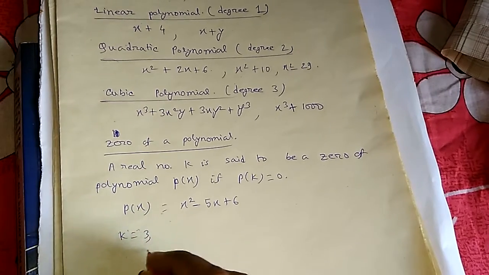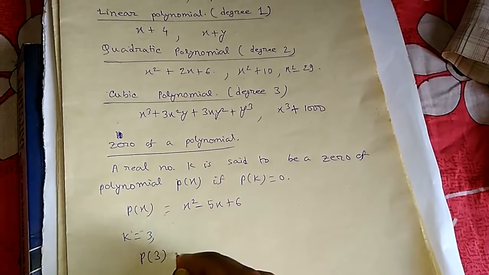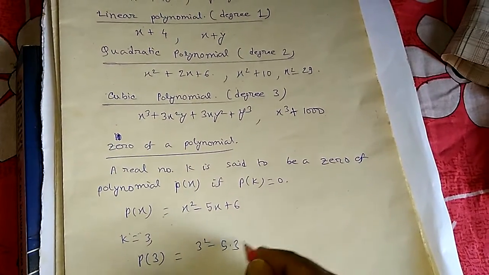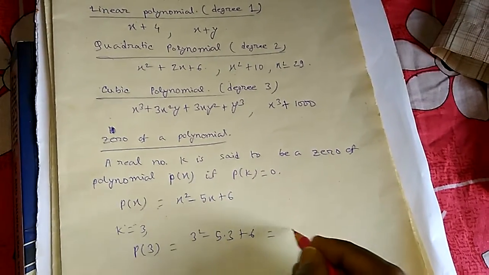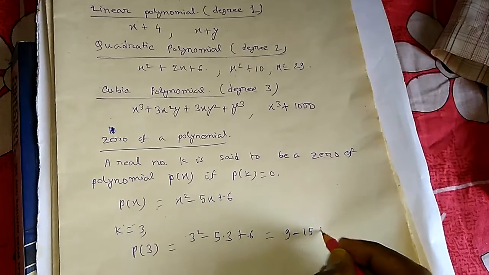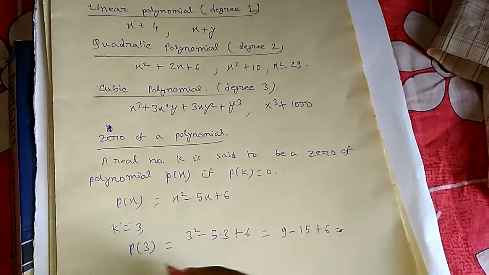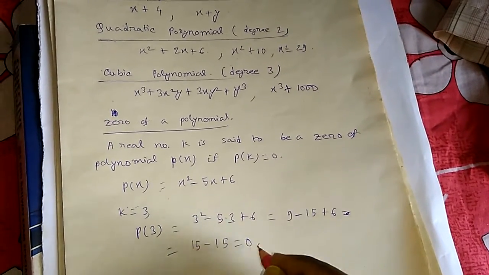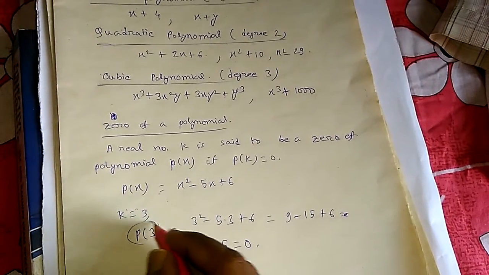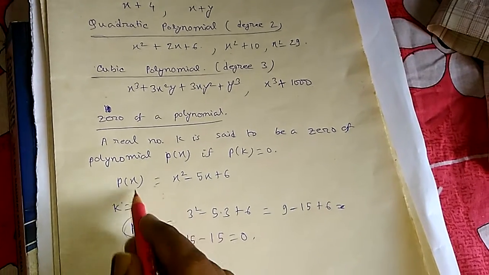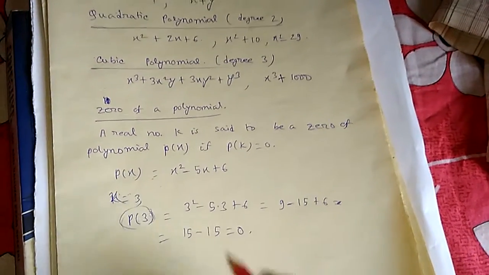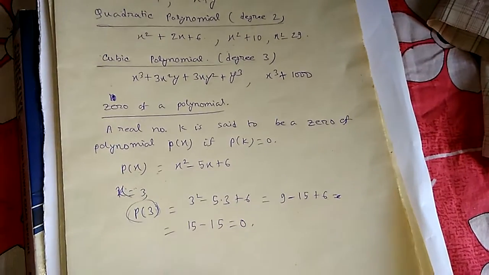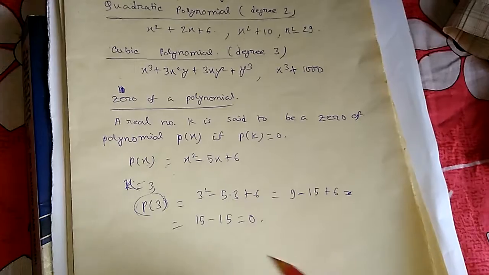By putting 3, p(3), let's check whether we get 0 or not. 3 square minus 5 into 3 plus 6, that means 9 minus 15 plus 6, that means 9 plus 6 is 15, minus 15, that is 0. We have got 0 by putting the value 3 instead of x. So here 3 is a zero of the polynomial, so you can understand how to find the zeros of a polynomial.